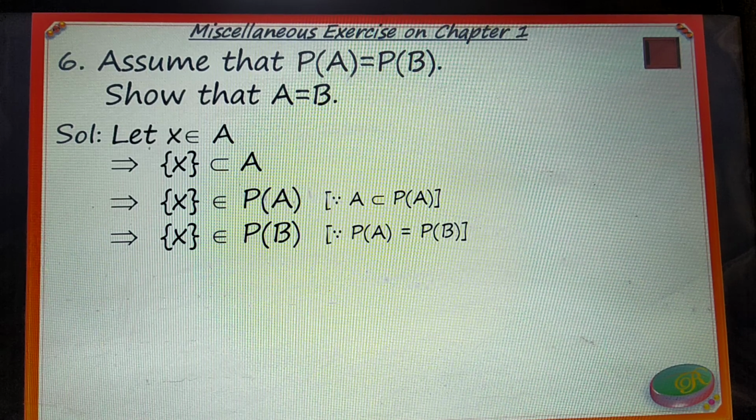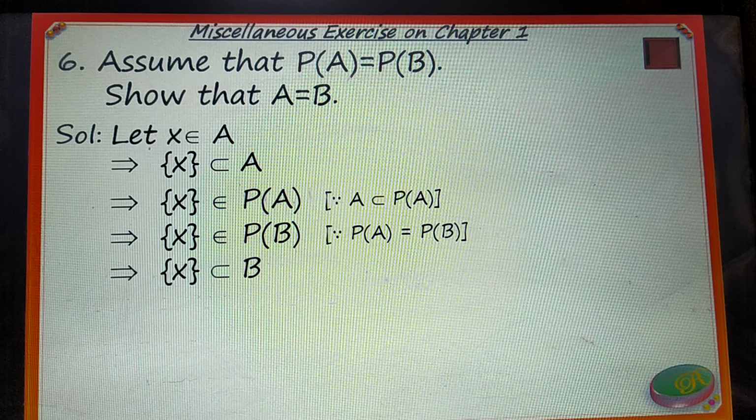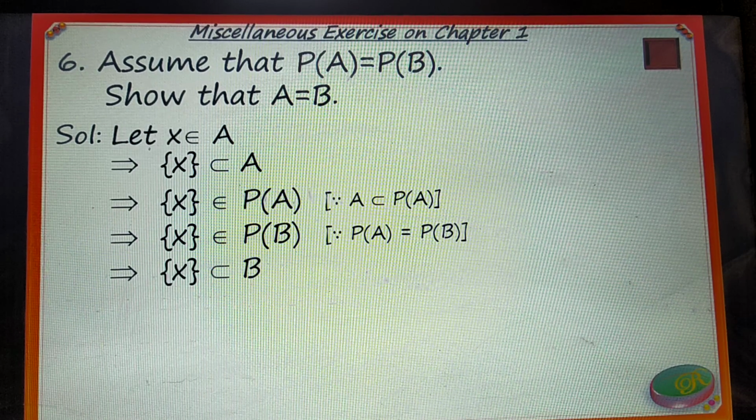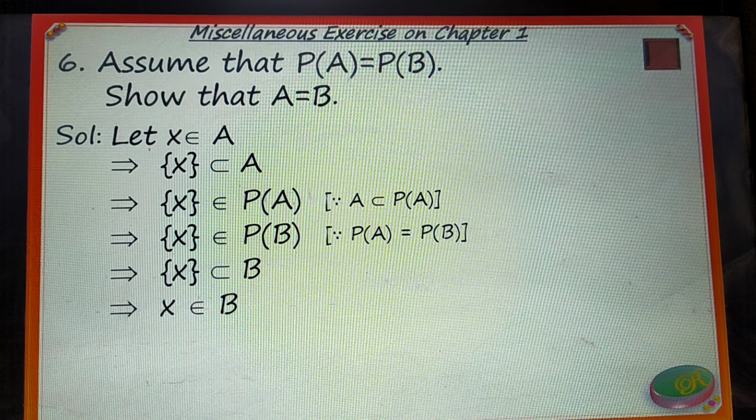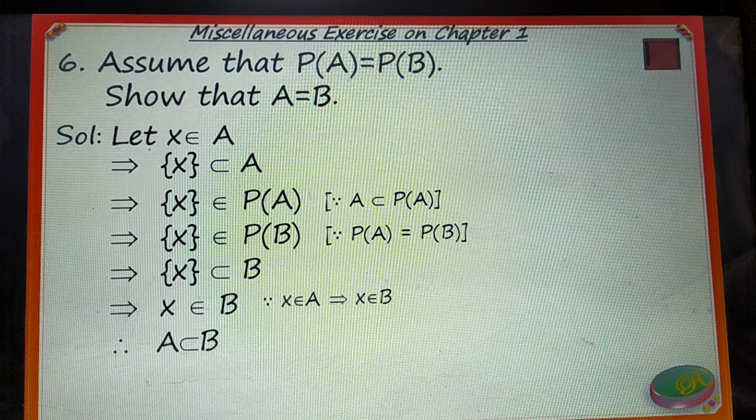This implies {X} is a subset of B. This implies X belongs to B. Since X belongs to A implies X belongs to B, therefore A is a subset of B.